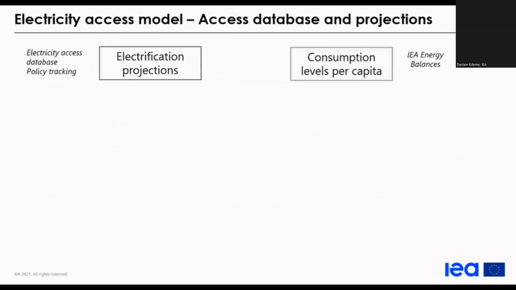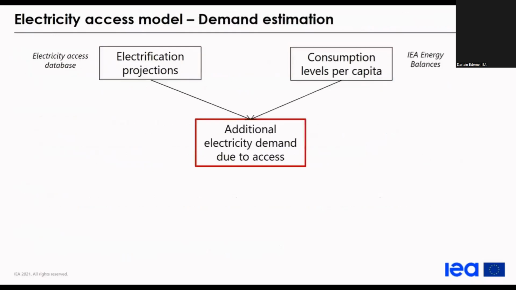Here we will present very synthetically how we do this kind of modeling exercise at the IEA under the World Energy Model. So we have first an electricity access database tracking all the policies, looking at electrification projections on the one hand, and on the other hand, we have information on consumption levels per capita. Based on those two, we'll be able to estimate what the additional electricity demand due to access, or to new population gaining access to electricity, will be in the future.